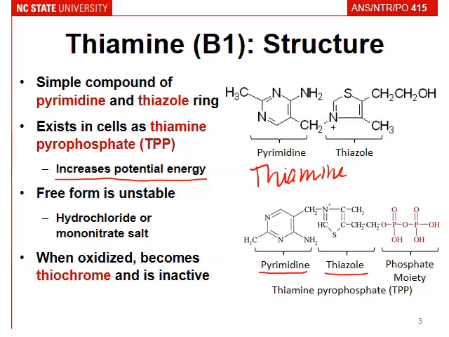When it's oxidized, so if you have peroxidation that's occurring and reactive oxygen species, when we oxidize thiamine, it becomes thiochrome. And this is an inactive form of thiamine. So the thiochrome is unavailable to us and has no thiamine activity.